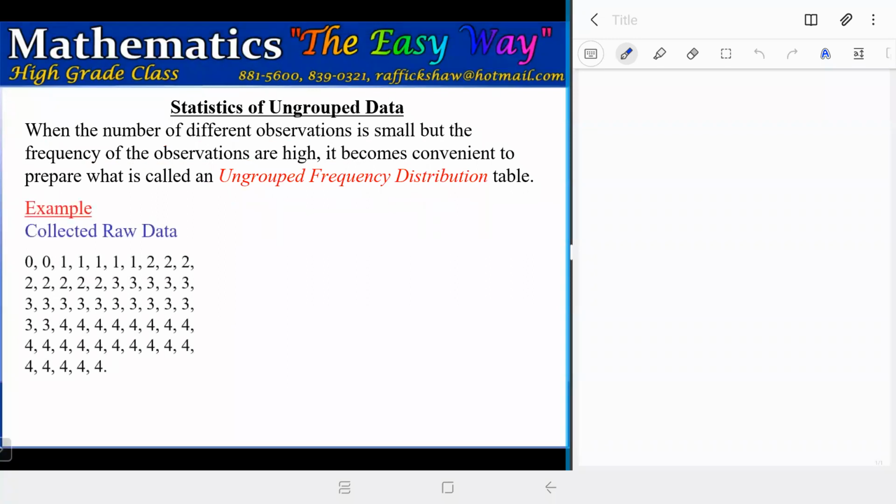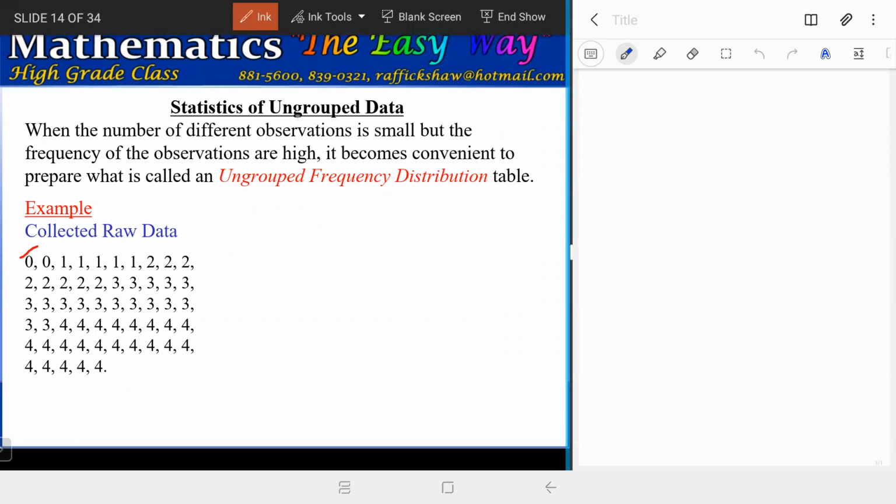So let's look at an example. Let's call it the raw data, and say this is a count of the number of children in families. There are 2 families with no children right there, and then there are 5 families with 1 child, and so on.